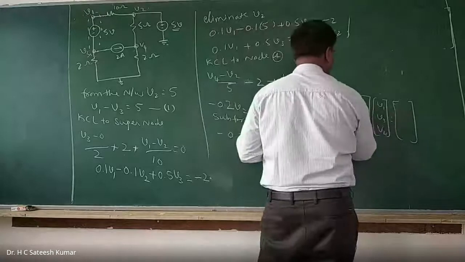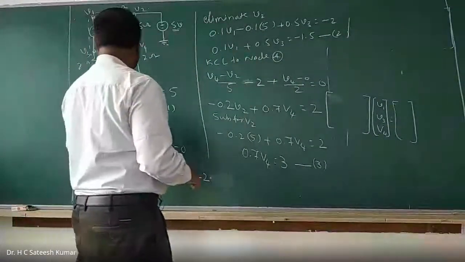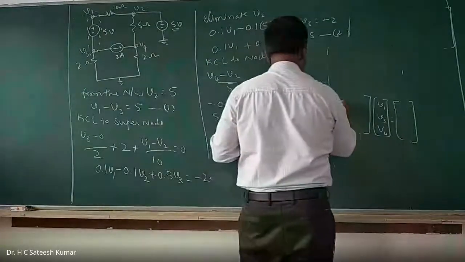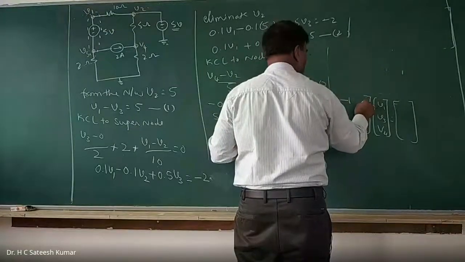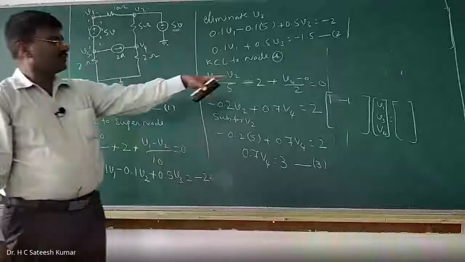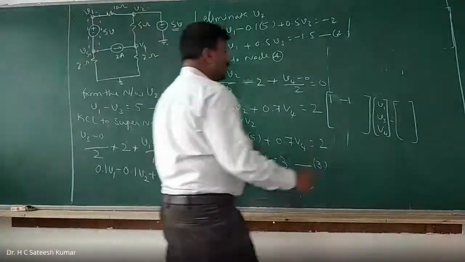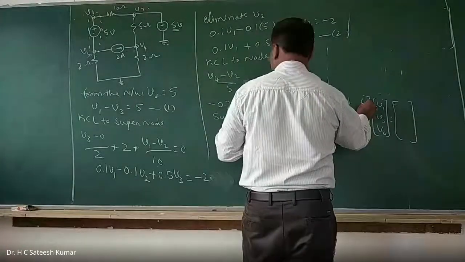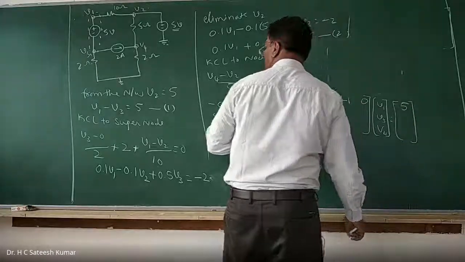Now, V1 coefficient is 1, V3 coefficient is minus 1, and V4 coefficient is 0, and the right side is 5. That is equation number 1.